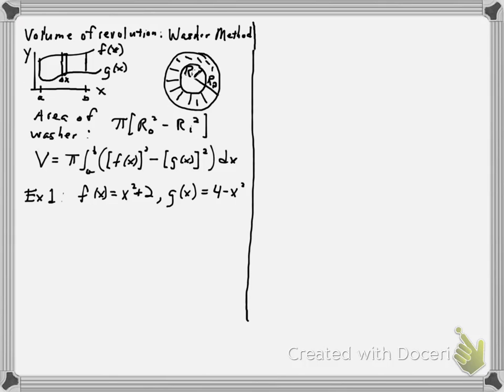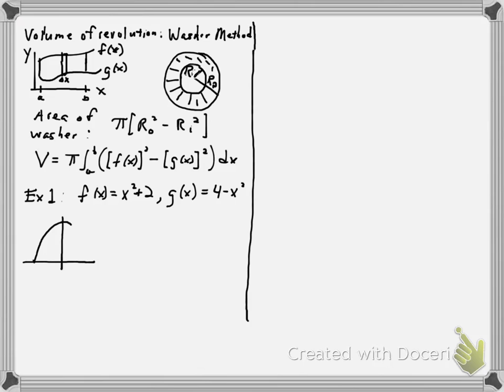So for a picture, a plot of 4 minus x squared has a y-intercept of 4, and has roots of plus and minus 2.